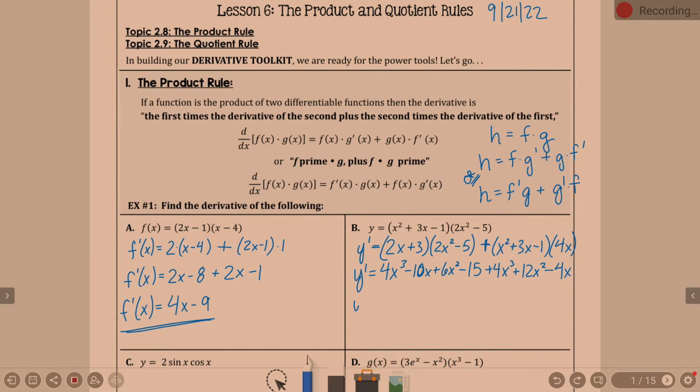And then like terms. Y prime is 8x cubed plus 18x squared minus 14x minus 15.